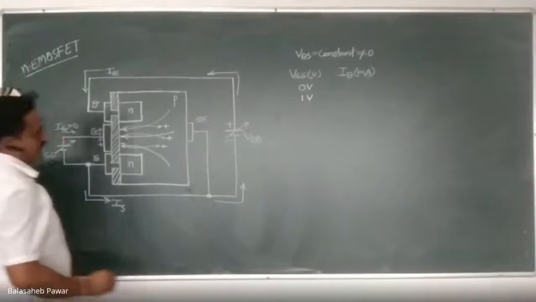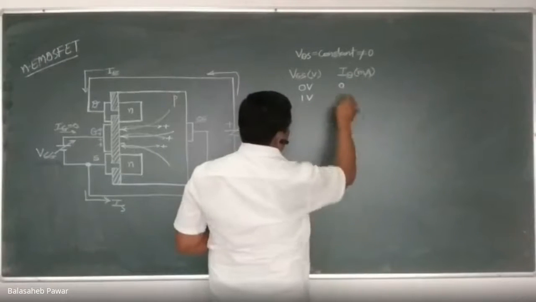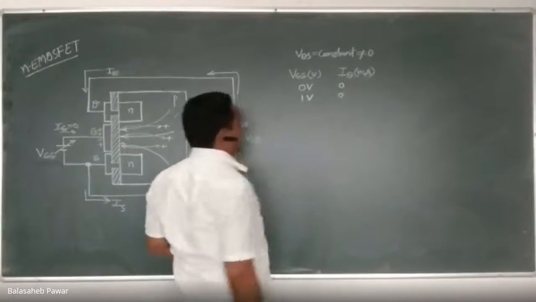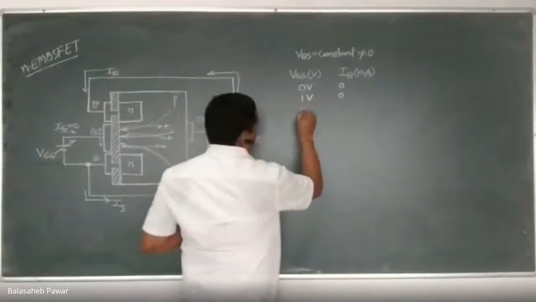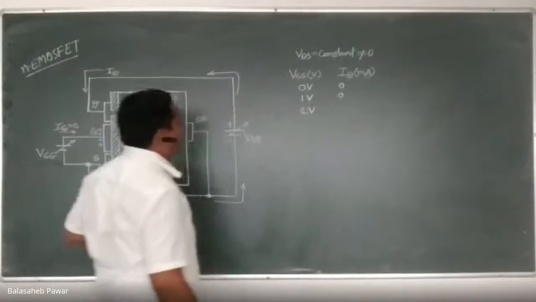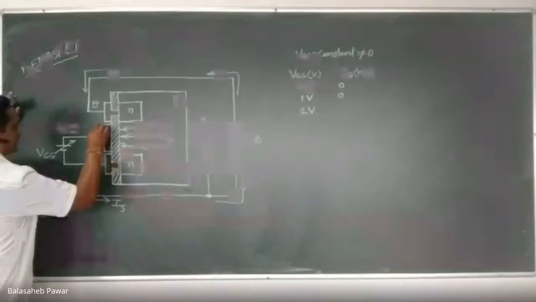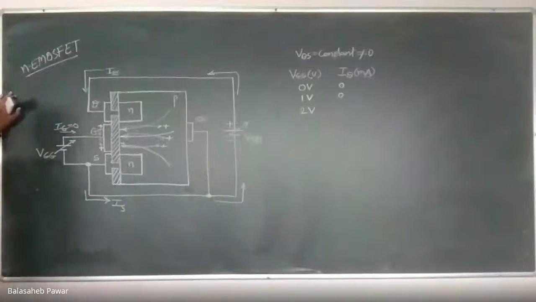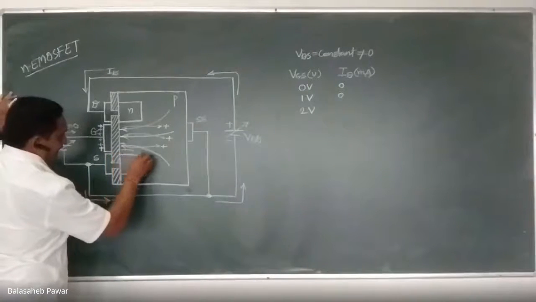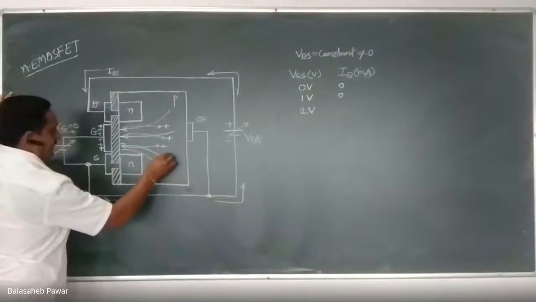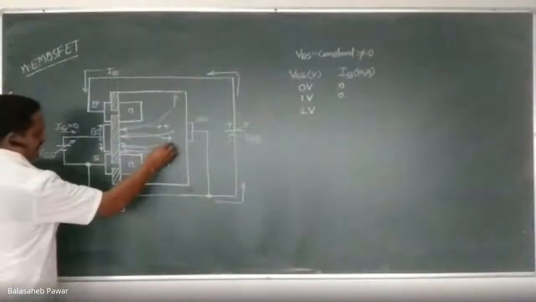That means ID, initially when VGS was 0, was 0. Again, if it is 1 volt, still it will remain 0. Now, if I increase VGS from 1 volt to 2 volt, somewhat more positive field will get applied, and by that somewhat more positive charge carriers from this place will get repelled like this, and that space will get refilled by the negative charge carriers like this.